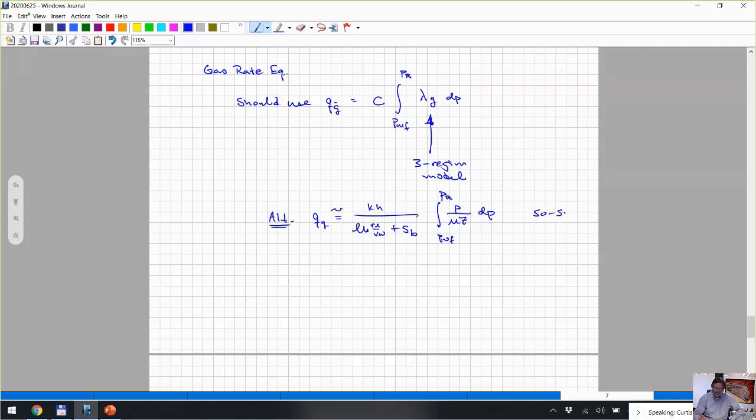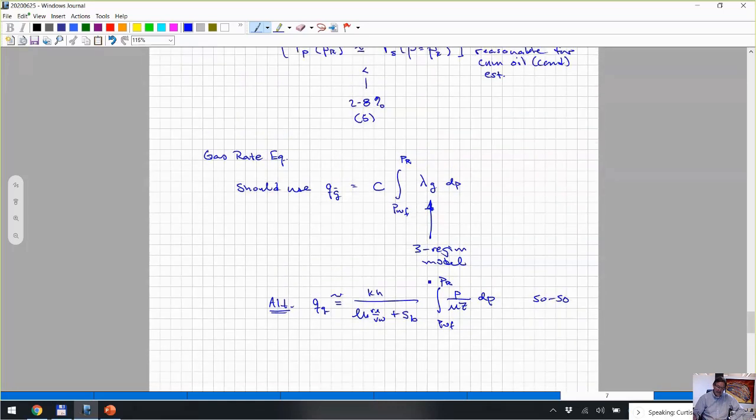But even if you use this thing here, the problem in doing that is that it's very sensitive to knowing the right producing CGR.